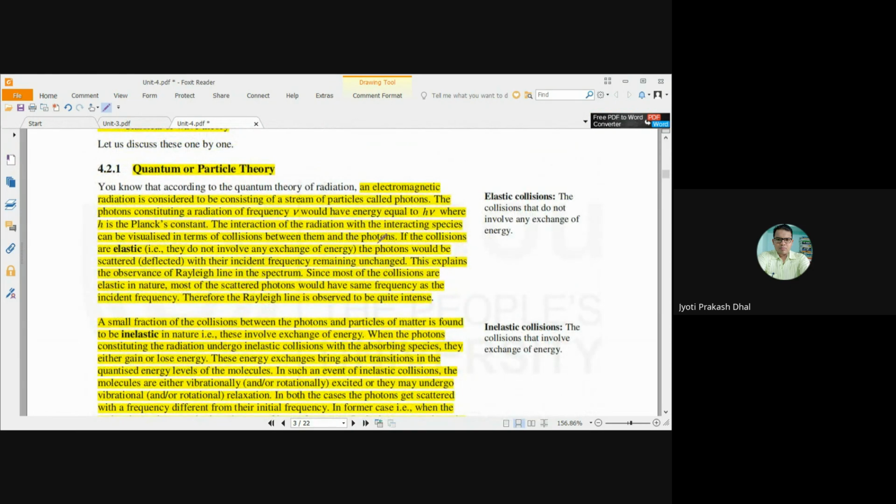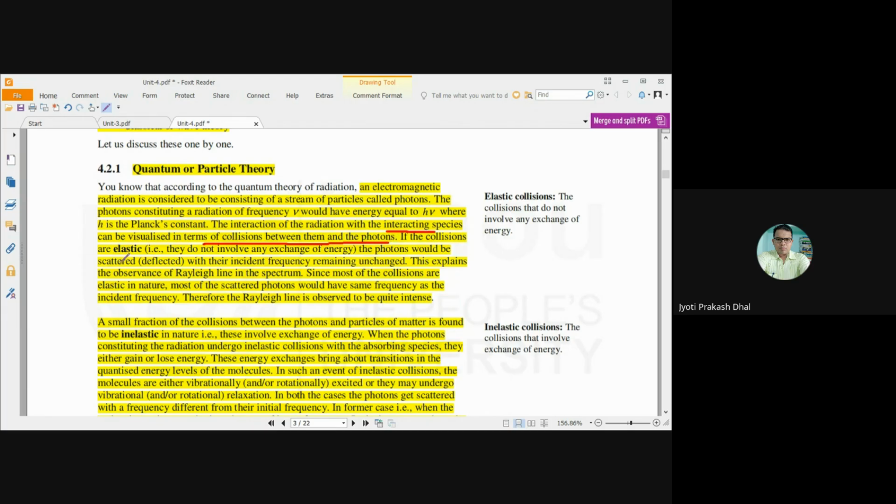Electromagnetic radiation is considered to consist of streams of particles called photons, and the photons constituting radiation of frequency nu have energy equal to h nu, where h is Planck's constant. The interaction of radiation with interacting species can be visualized in terms of collisions between them and the photons.